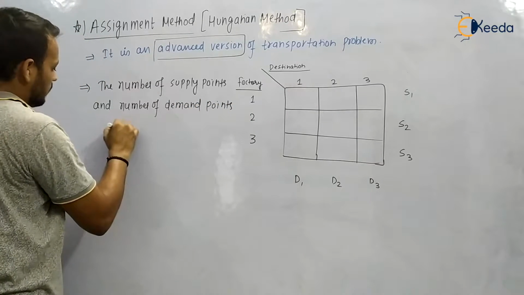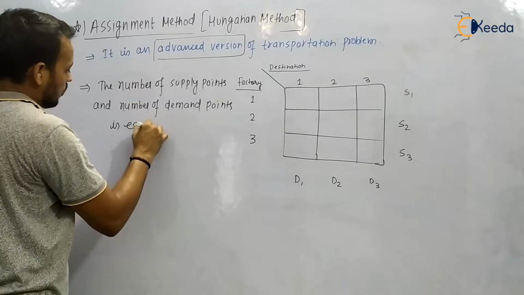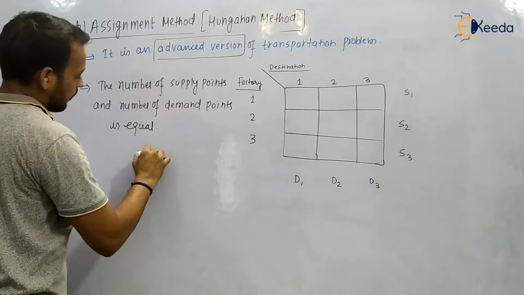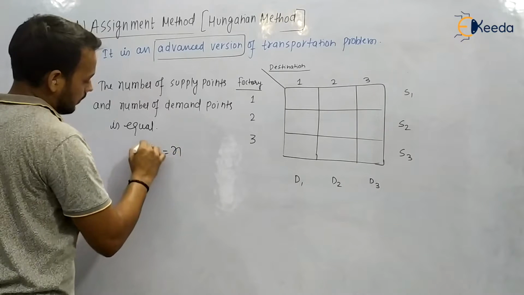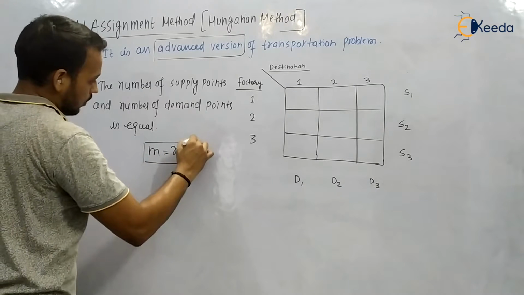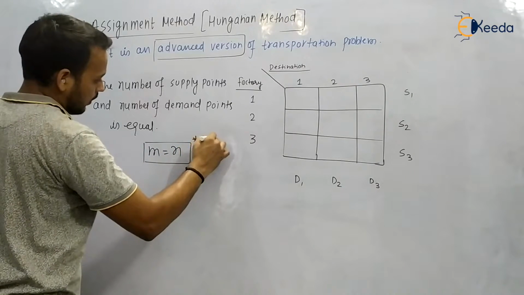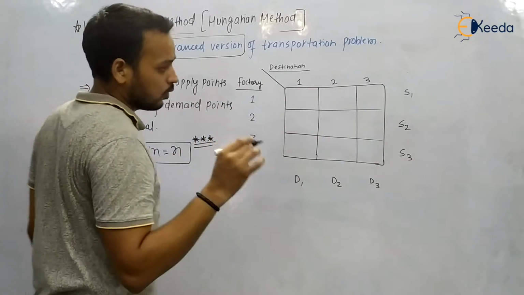If the number of supply points is M and the number of demand points is N, then M is always going to be equal to N.